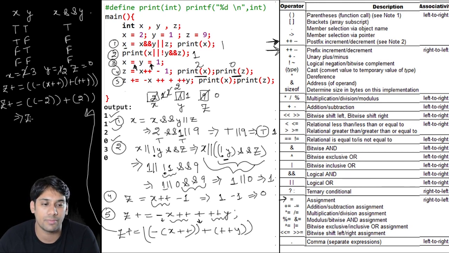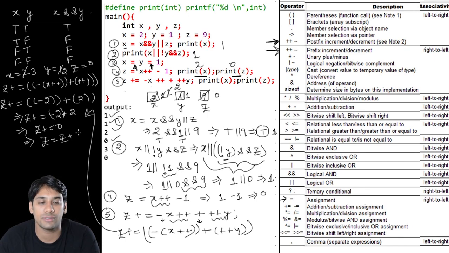So z += -2 + 2. The unary minus has more precedence, so minus 2, and then this is the plus operator. Therefore the equation now becomes z += 0, which can be written as z = z + 0. The value of z is 0, and 0 plus 0 is 0, therefore the value of z is replaced with 0.